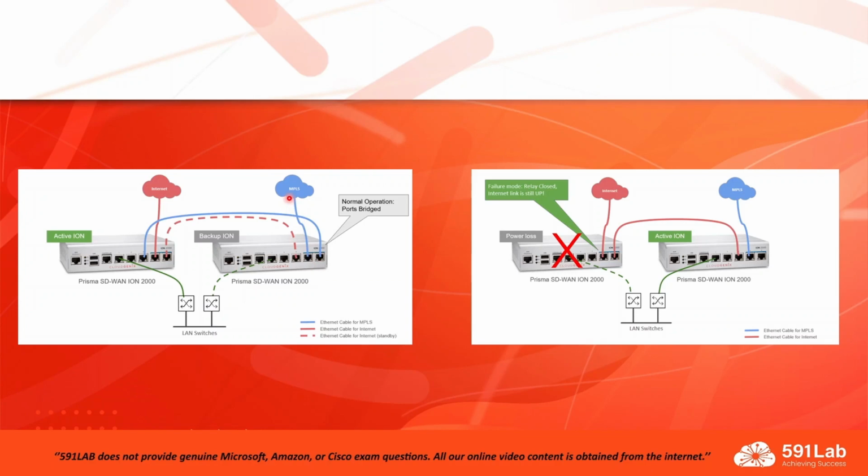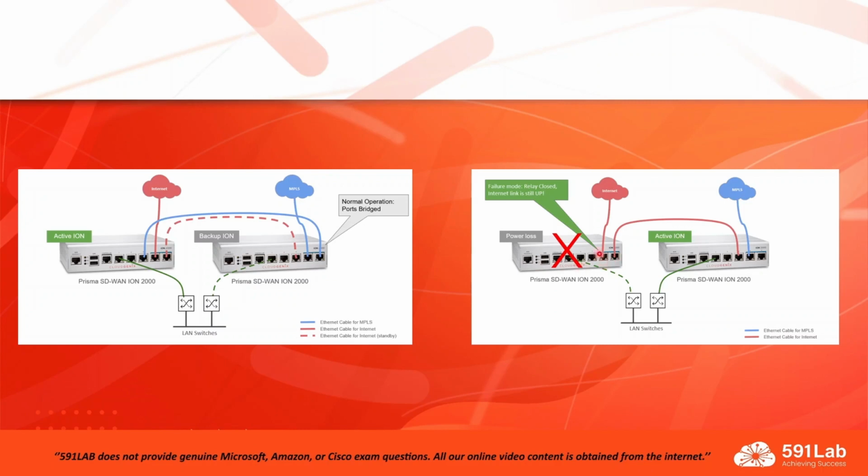Once the failover happens, the Prisma SD-WAN ION 2000, the active one, goes down or shuts down because of a power loss or the device is broken. The port relay is closed and the internet link is still up.